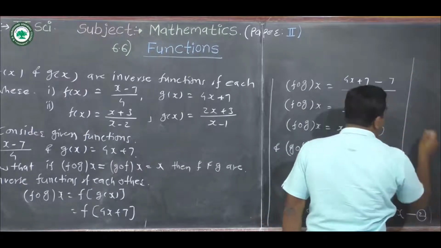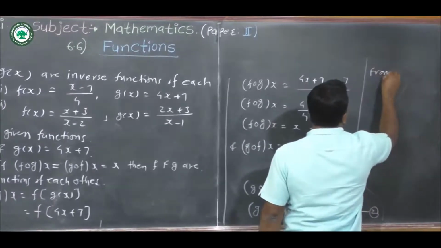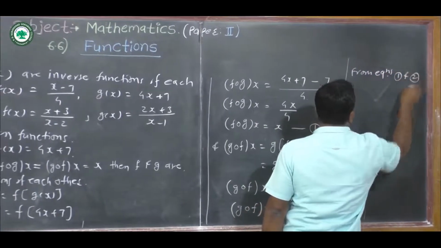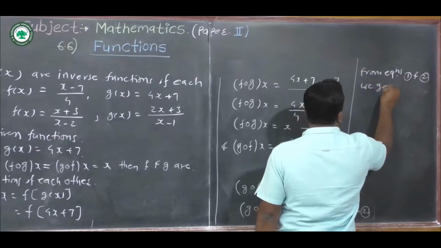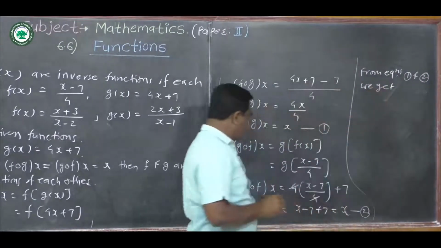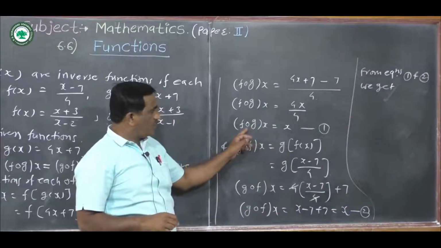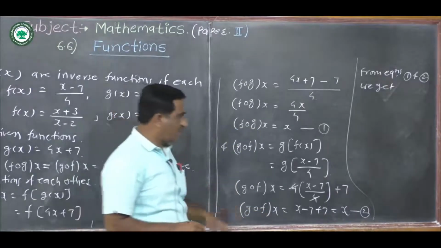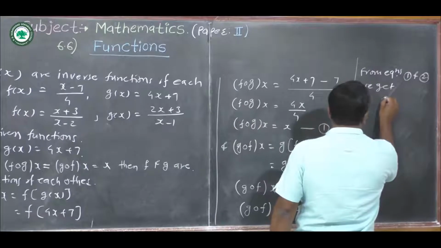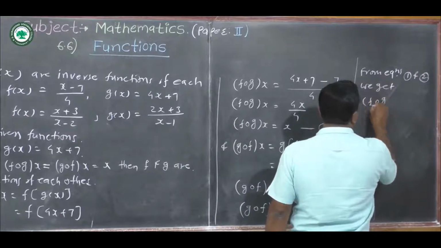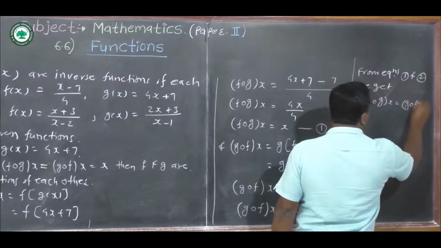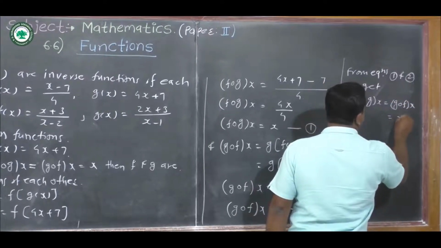Now from equations first and second, we get g composite with f on x is equal to f composite with g on x is equal to x.